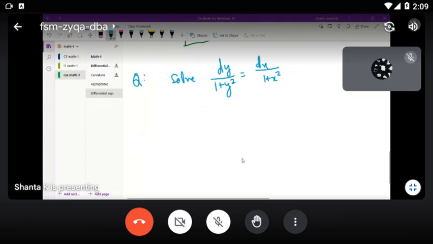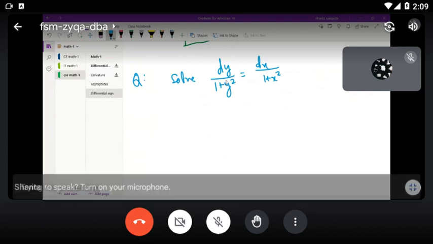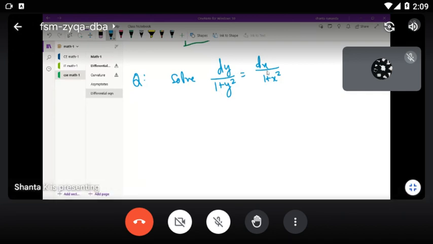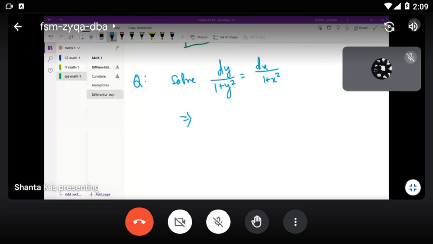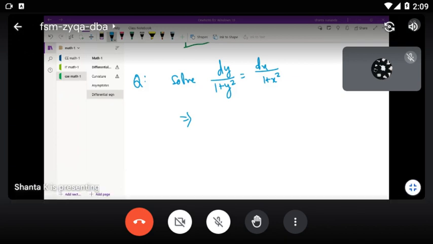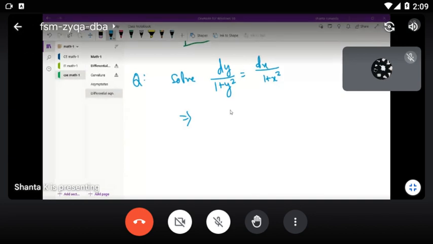Try and integrate. It's given to you directly in variable separable form. On this side we have the y variable, and on this side we have the x variable. So what is the solution? If you integrate, the variables are already separated. Tan inverse y equals tan inverse x plus a constant.